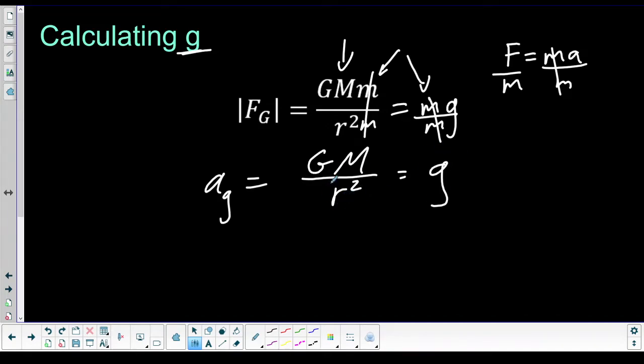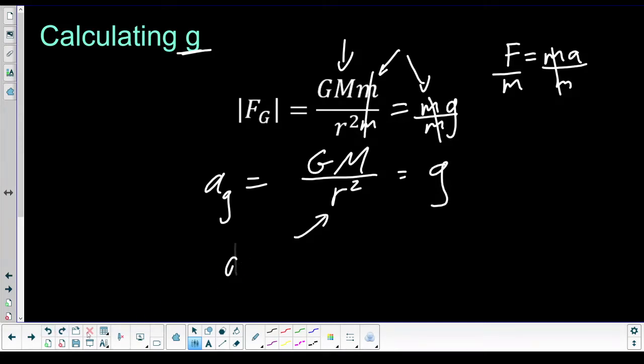Little g is three things in a trench coat pretending to be one thing. So if we take the gravitational constant, multiply it by the mass of the thing causing the gravitational field, and divide it by the radius of that thing, or maybe more accurately, the distance, distance. Try again, Mr. Barton. Never mind.